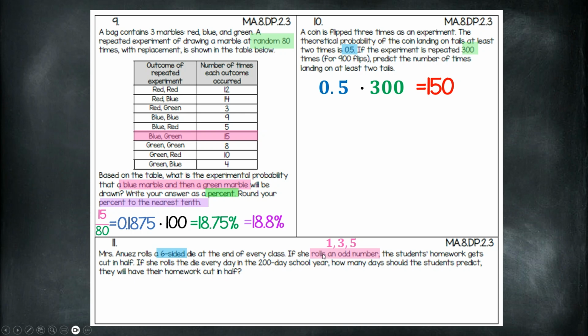So on a six-sided die, there are three odd numbers, 1, 3, and 5. So the possibilities of rolling a 1, 3, or 5 is 3 out of 6 because it's a six-sided die. So we're going to take that 3 over 6 and multiply that times 200, and we get 100.